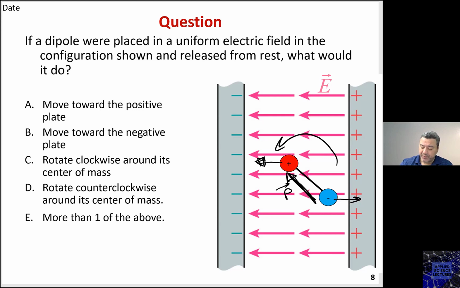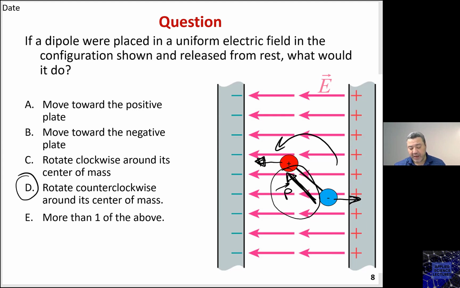This dipole moment, based on the forces applied on it that we have understood earlier, will tend to rotate such that this dipole moment is now parallel to the electric field. So in this case, it will rotate counterclockwise around its center of mass until it completely aligns with the electric field.